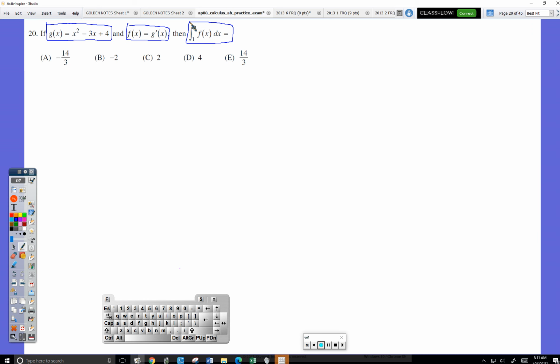The slogan is, well, I don't see how to integrate because I don't have F. So instead of integrating F, I'm going to anti-differentiate and evaluate. I feel like it's easy to memorize because it rhymes. When you can't integrate, anti-differentiate and evaluate.